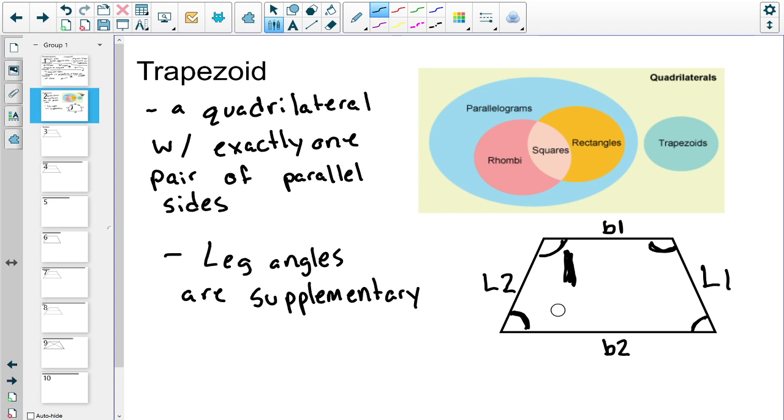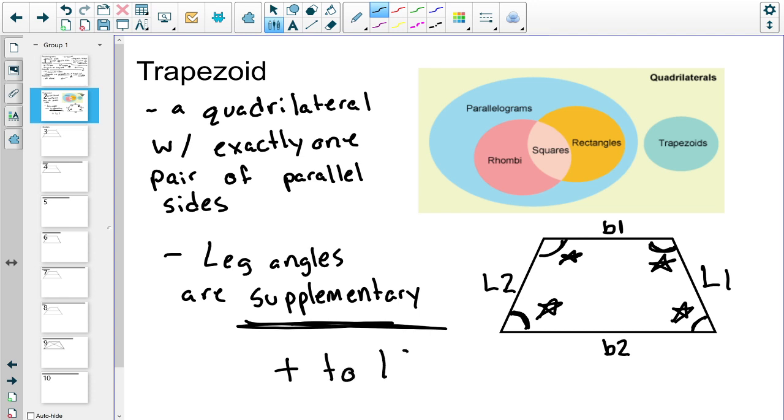The angles from base 1 and leg 2 to base 2 and leg 2, and then the one from base 1 and leg 1 to base 2 and leg 1. So this one here, and this one here, and then this one with this one. Supplementary. What's that mean? They add to 180 degrees. All right.